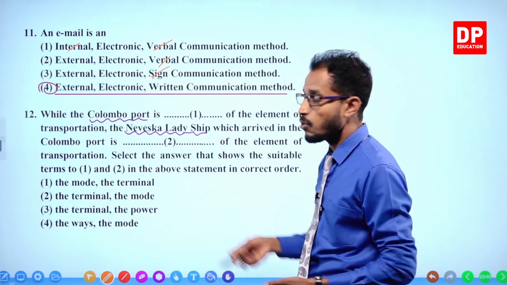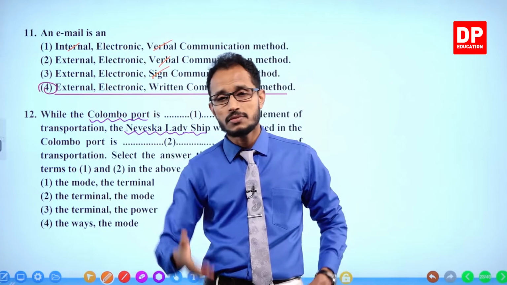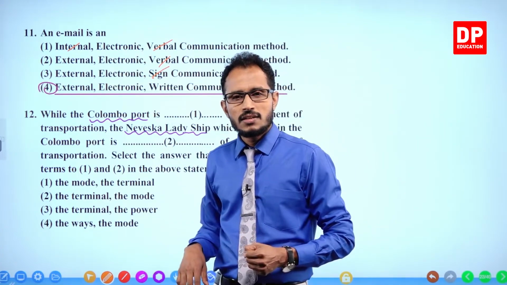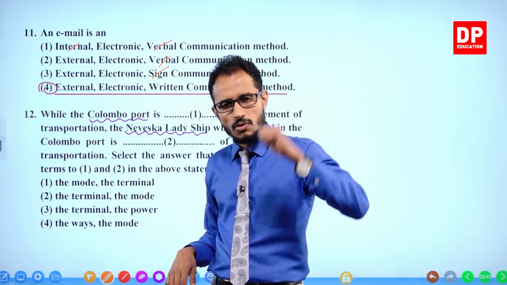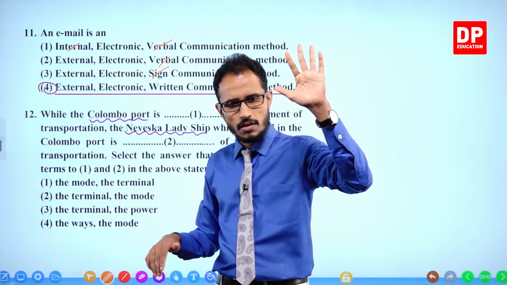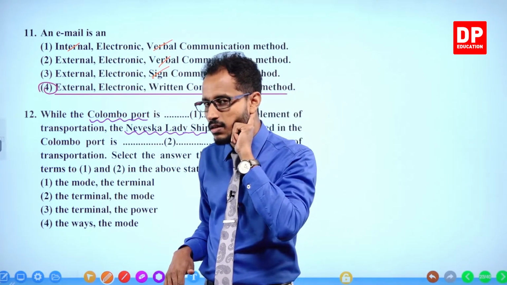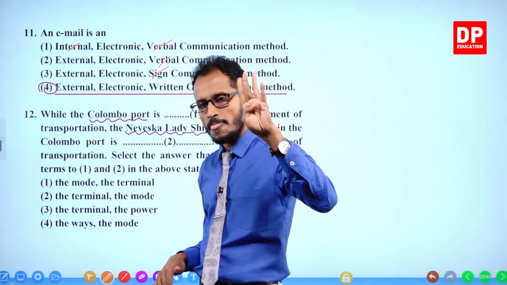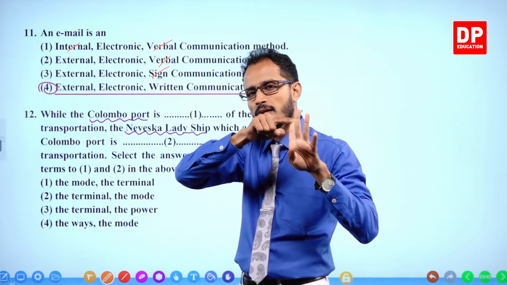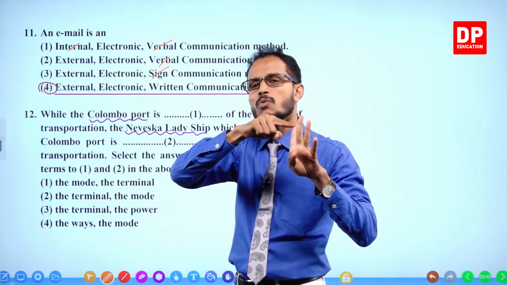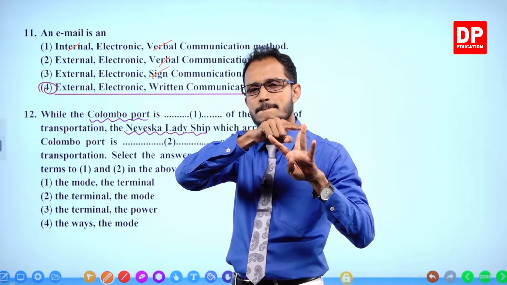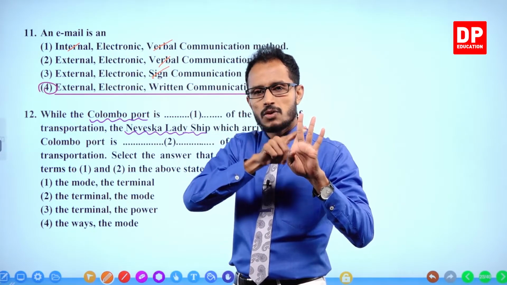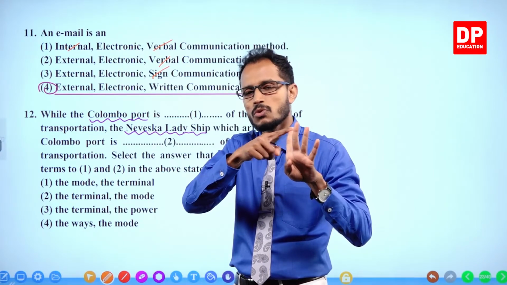What are they asking for? Elements of transportation. There are 4 elements of transportation. What are the 4? Ways, medium, power, terminal. Ways means the roads.